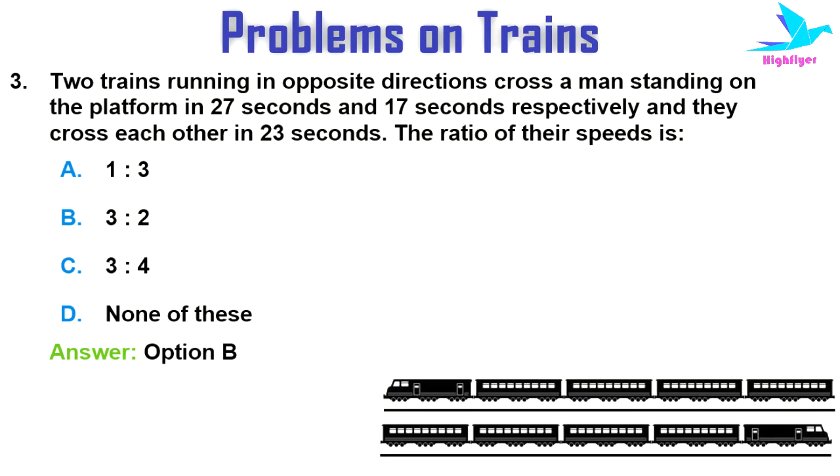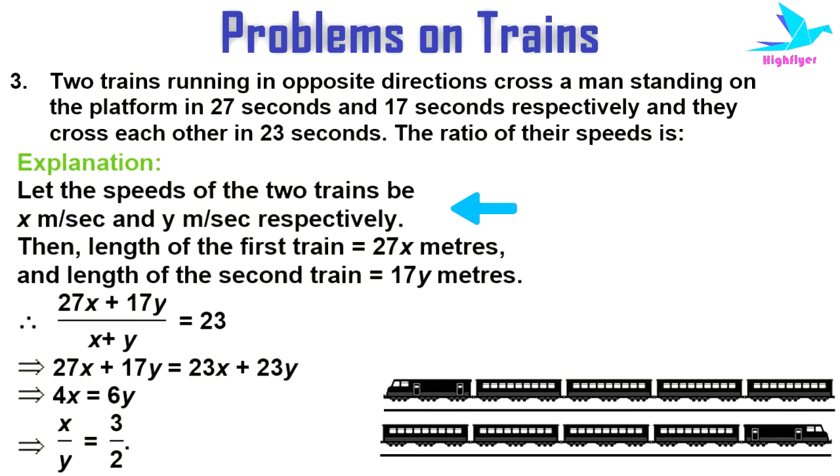Let's see how. Here, let the speeds of the two trains be x meters per second and y meters per second respectively. As the times given are 27 seconds and 17 seconds, the length of the first train equals 27x meters and the length of the second train equals 17y meters.